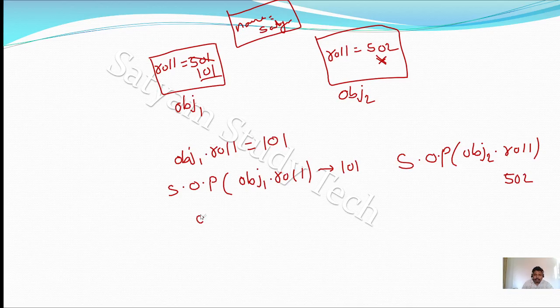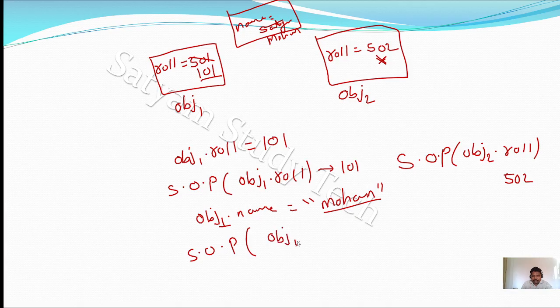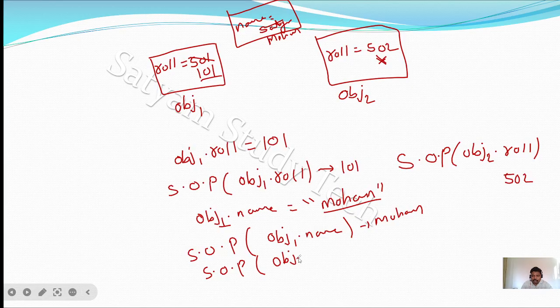So for example, through object 1 you can change the name, object 1 dot name equal to Mohan. Now you can see, with system dot out dot println, whenever you change object 1 dot name to Mohan, the name changes to Mohan. If you access object 1 dot name, the name is Mohan, and system dot out dot println object 2 dot name is also Mohan.